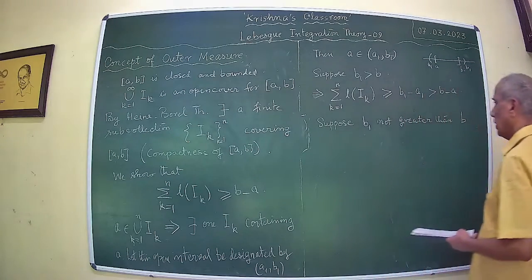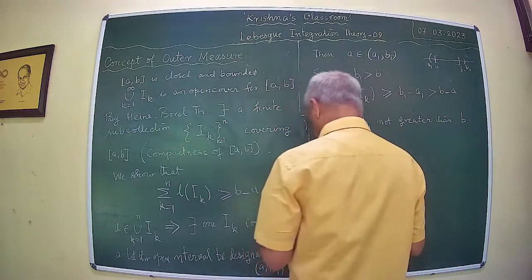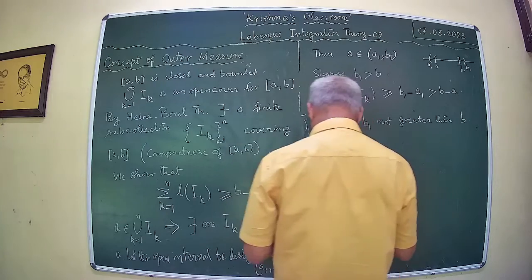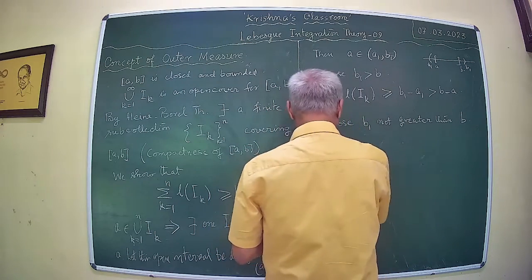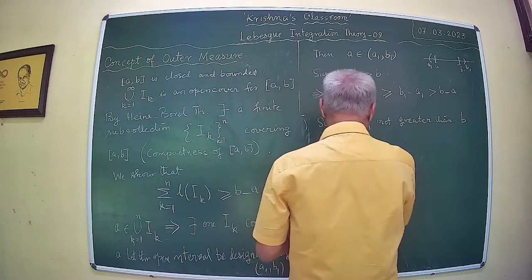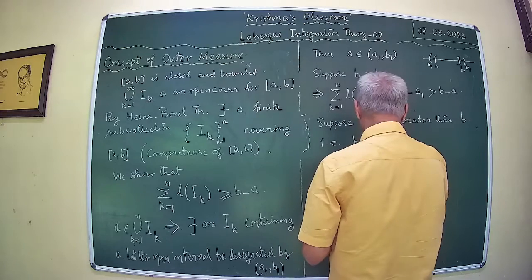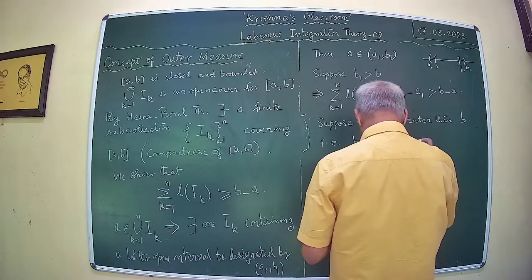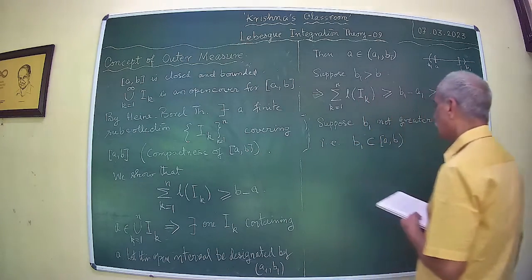Now, suppose B1 is not greater than B. That is the other possibility. Then B1 is contained in A B, right?